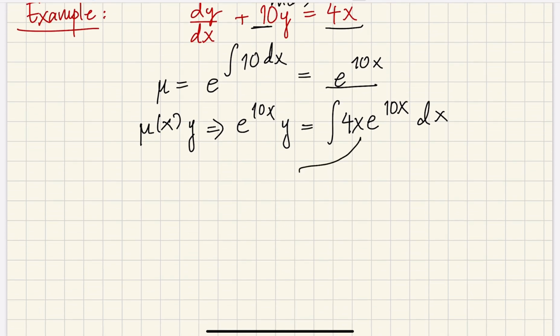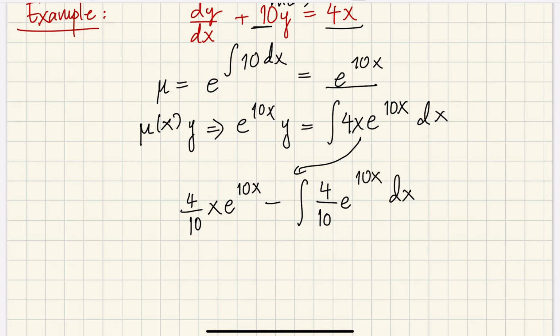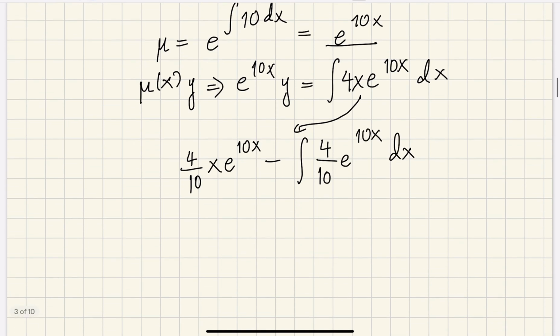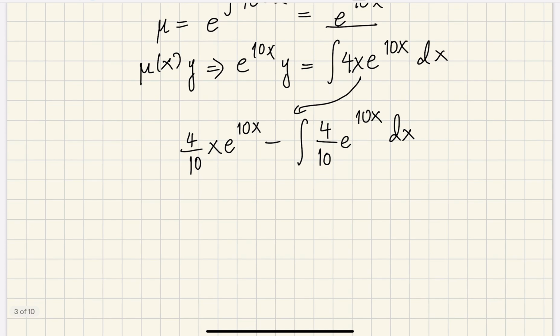Now this can be solved by integration by parts, and you will get 4 over 10 x e to the 10x minus 4 over 10 integral of e to the 10x dx. This is 4 over 10 x e to the 10x minus 4 over 100 e to the 10x plus c.